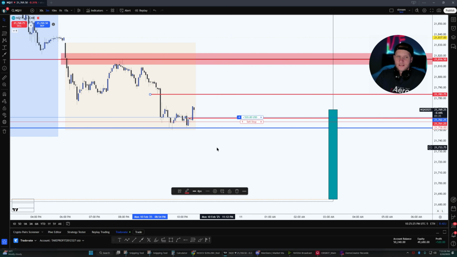Also target at least 1.5R, and then you're going to take 1 contract off. The second one, you're going to take off at the next area that needs to be flipped. And if you follow those rules, I bet you that you guys get a payout.